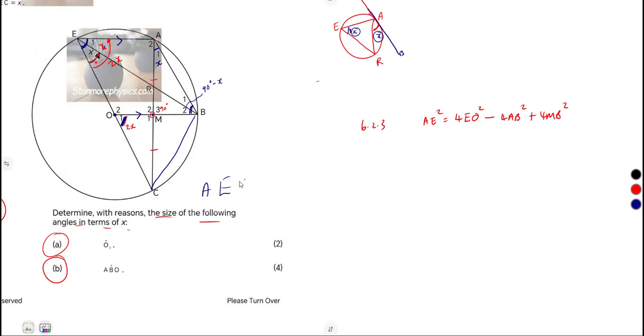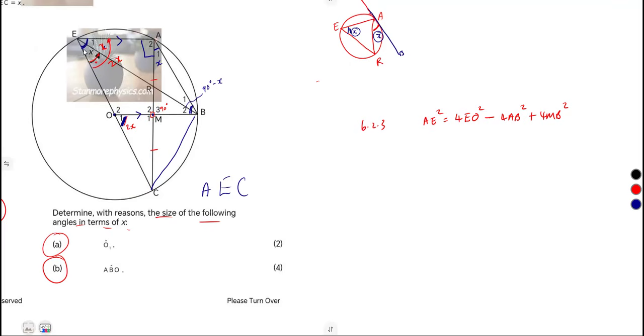AEC is right angled since we have the diameter OC, so 90 degrees at A2.